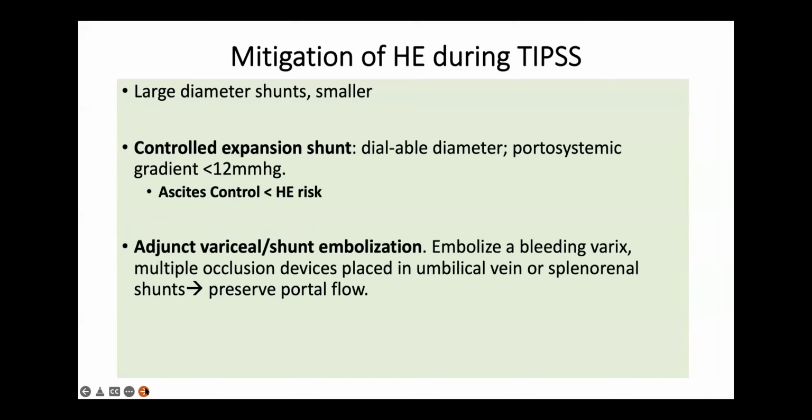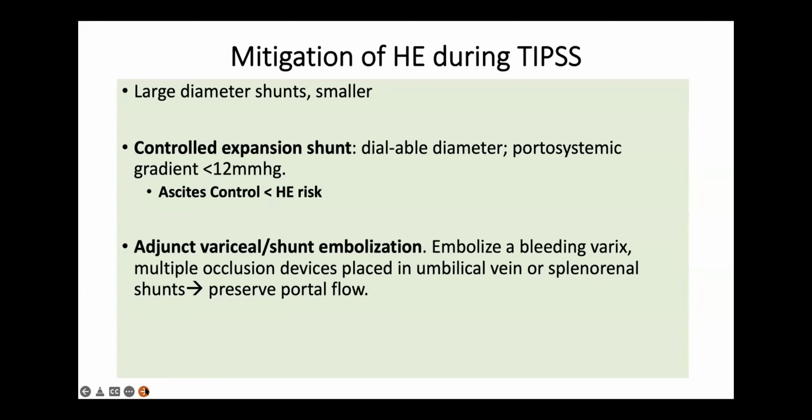I did mention this, sorry, I think it's in the wrong place, but just to reiterate, large diameter shunts cause more likelihood of hepatic encephalopathy, so decreasing the size of the shunt helps. There's another type of TIPS where you can have a shunt with controlled expansion. So you can increase and decrease the diameter and monitor the portal systemic gradient while doing that to optimize the size.